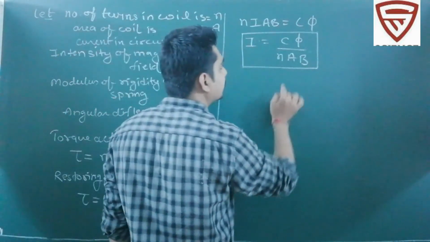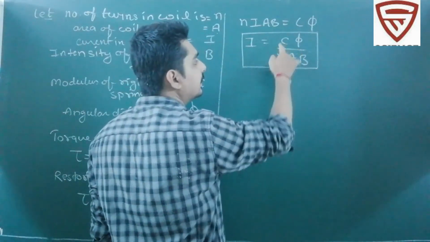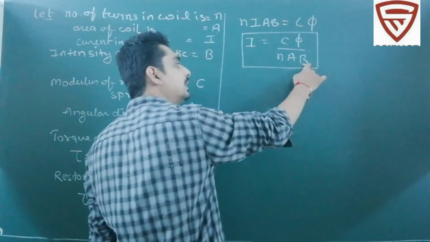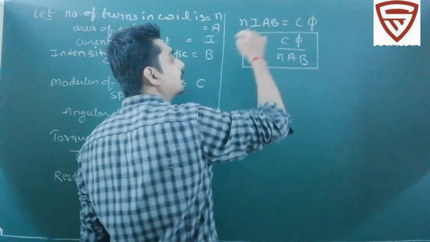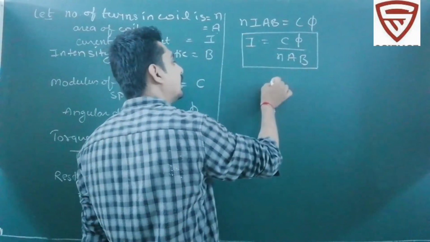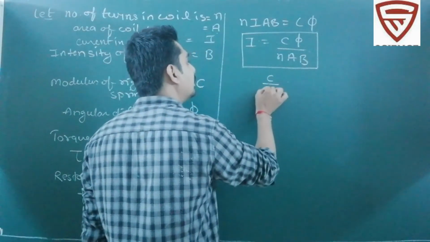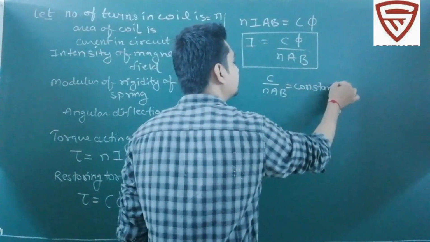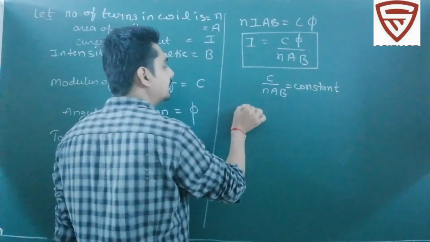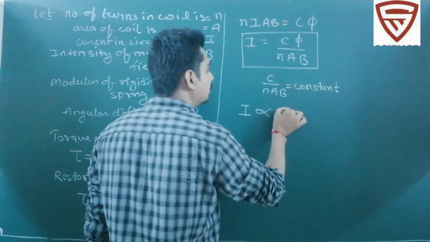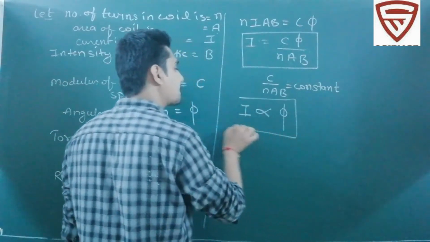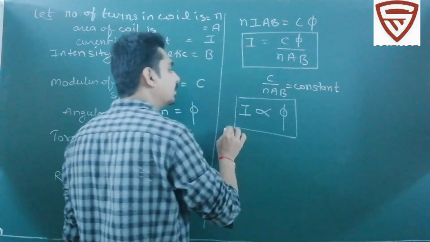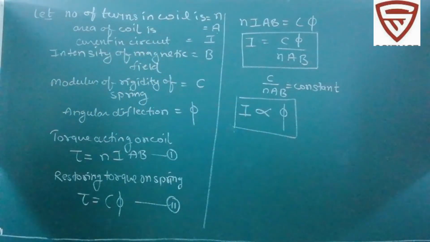Here C, the modulus of rigidity, the number of turns N, the area A, and the magnetic field B are all constant. So C upon N A B is a constant, and I can write I proportional to phi.